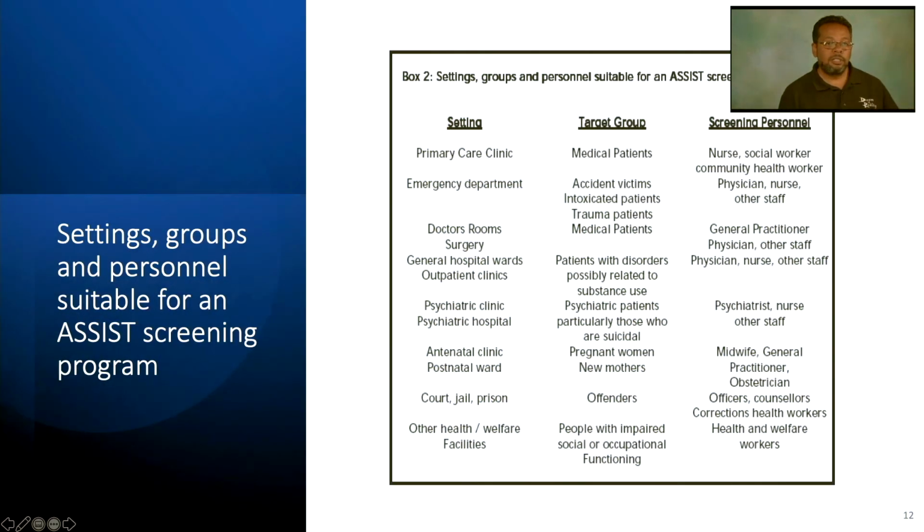Some of the settings, to reiterate, are primary care clinics, emergency departments, doctors' offices, postnatal wards, courts, jails, and I've actually implemented this within courts, jails, prisons, and other health and welfare facilities. And the target groups, who are you reaching out to?